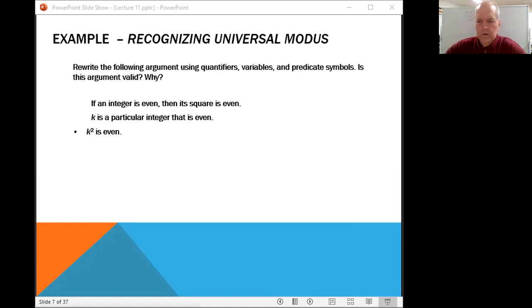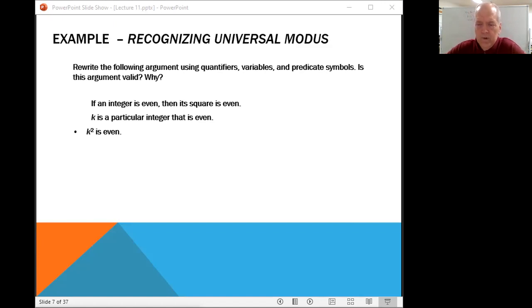Okay, let's take a look at this. So we have the argument: if an integer is even, then its square is even. K is a particular integer that is even, therefore K squared is even. So the major premise of this argument is going to be, for all x, if x is an even integer, then x squared is even.